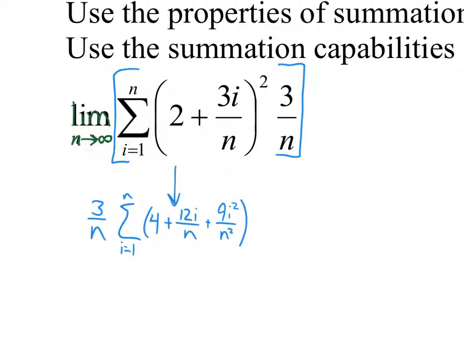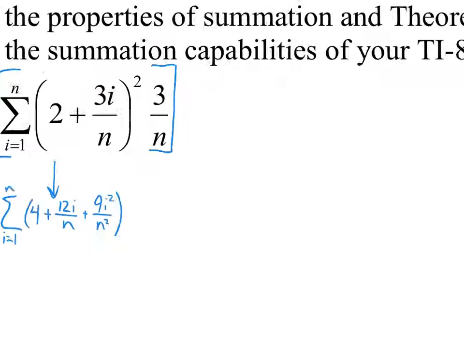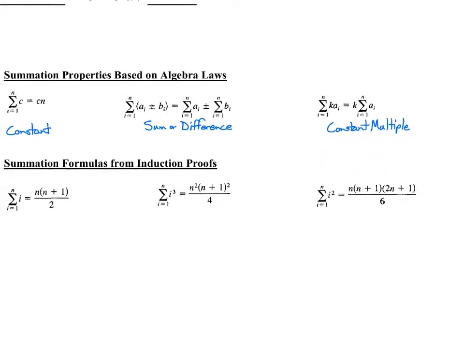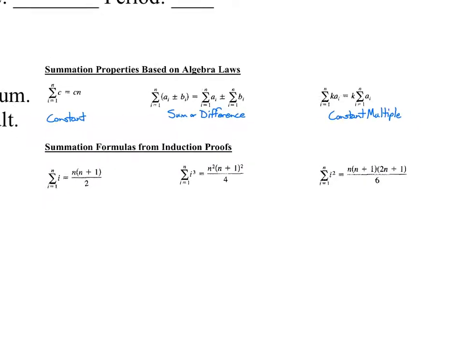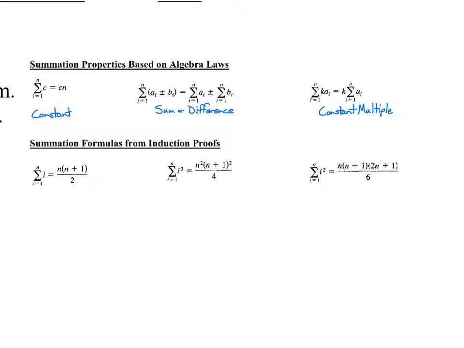Now, here's what I want you guys to get when you're doing this. The whole point of doing what we're doing is to be able to get it down to things that we have a formula for. These are the only things that we have formulas for: i, i squared, and i cubed.